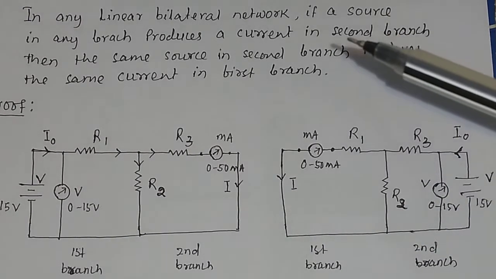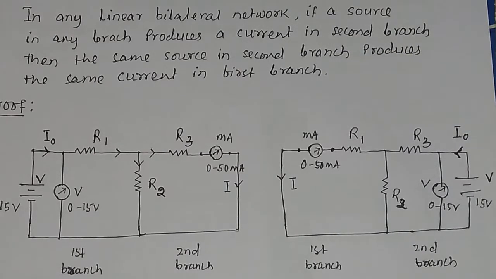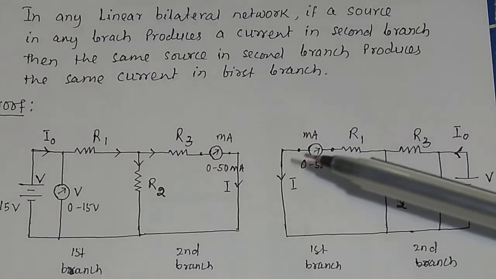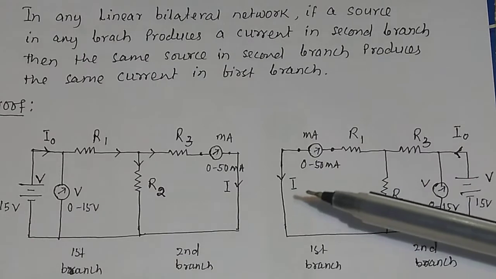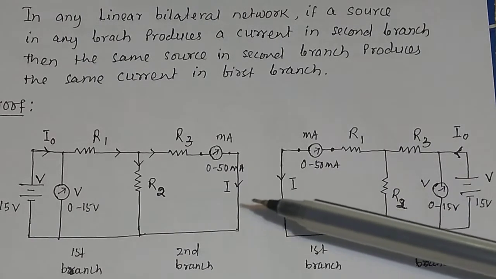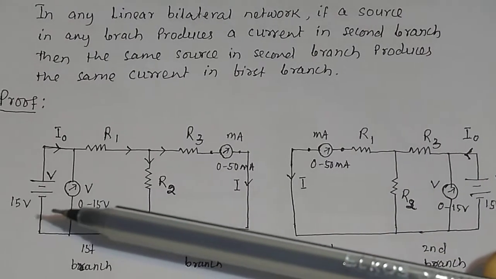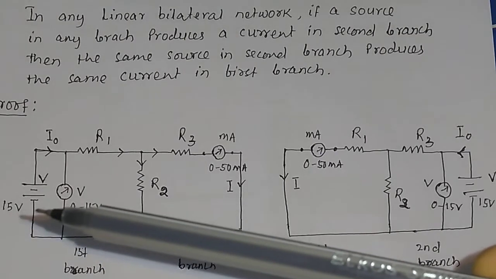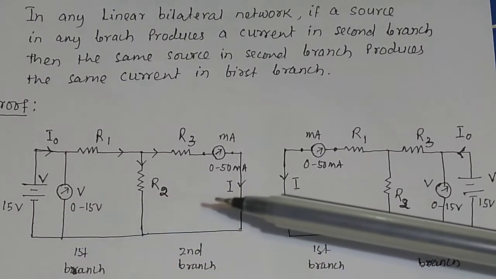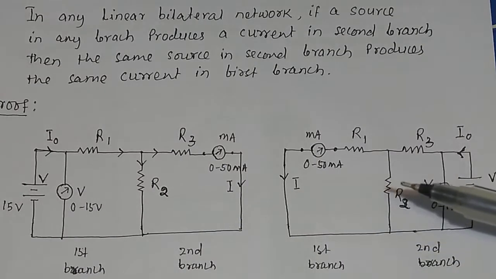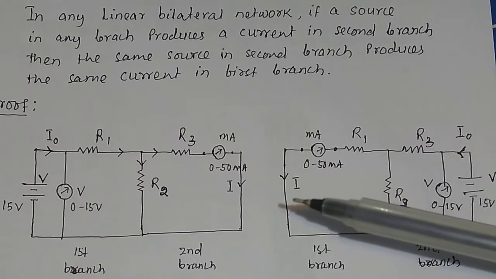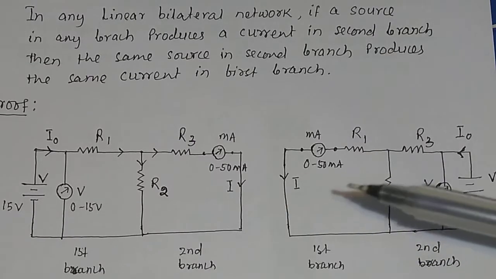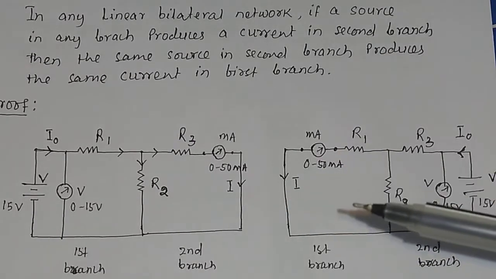If you take the source to the second branch, then it will produce current in this first branch, and the current produced in this first branch will be the same I. Here the voltage source V produces a current I in the second branch, and here the voltage source in the second branch produces a current I in the first branch.